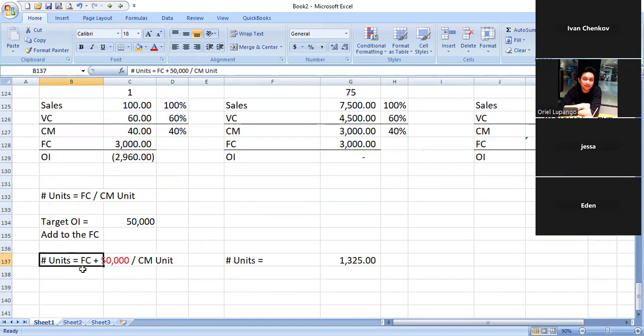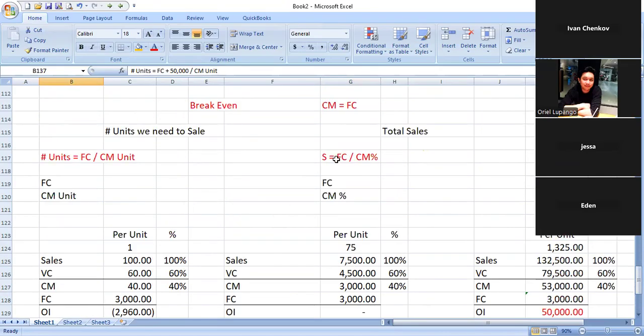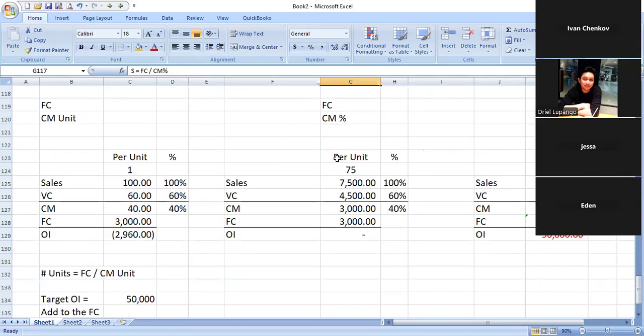How is this going to work with the other formula, with the sales? Well, the same way. Do you want to test the other formula? Shall we test the other formula to make sure it also works? Yes, Prof, let's go.